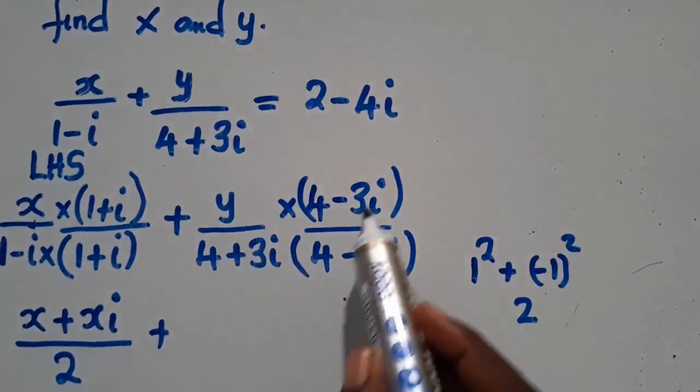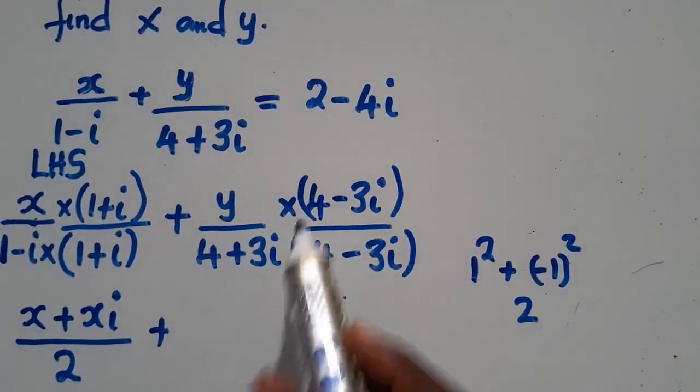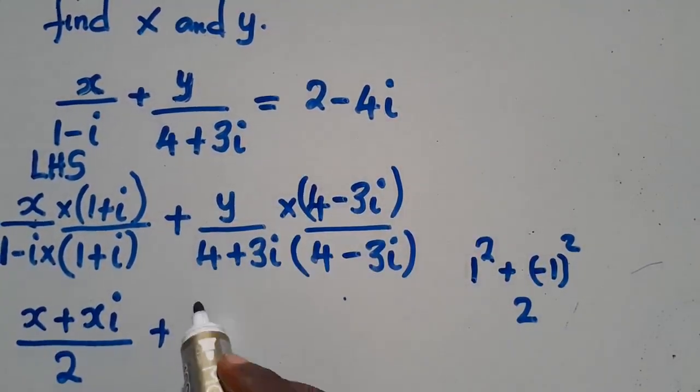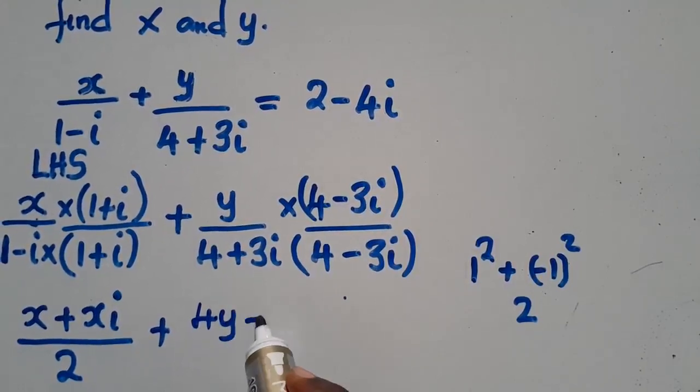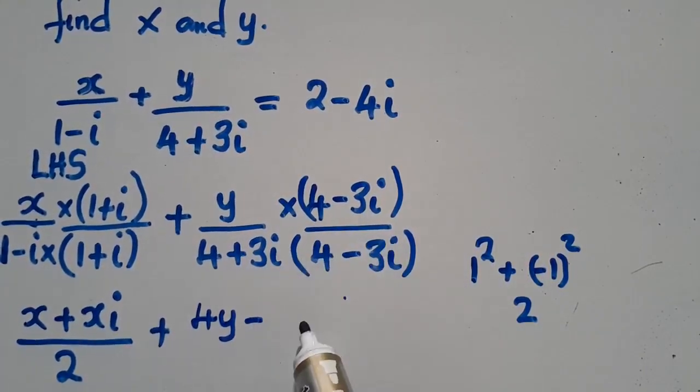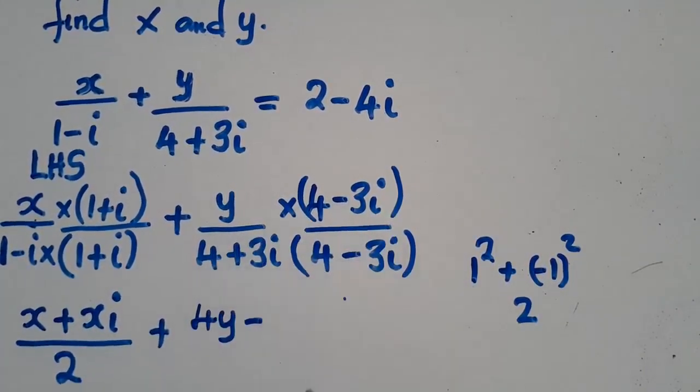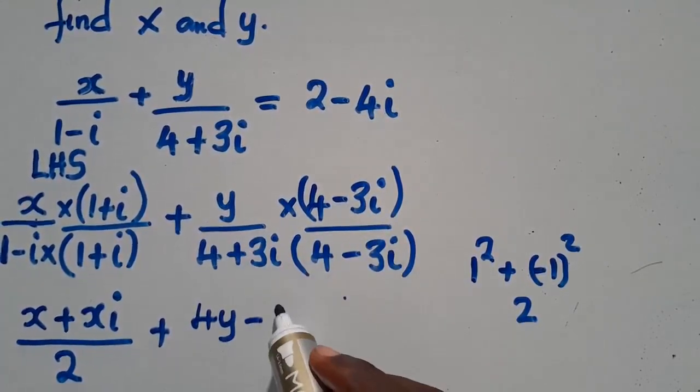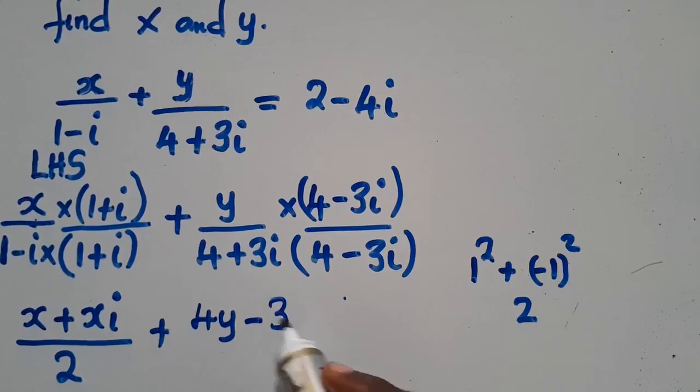Then I work out this part. So 4 times y times 4, that's 4y minus, what am I going to get there? y times -3, so I'm going to get 3i then y. This is what I'm going to get.